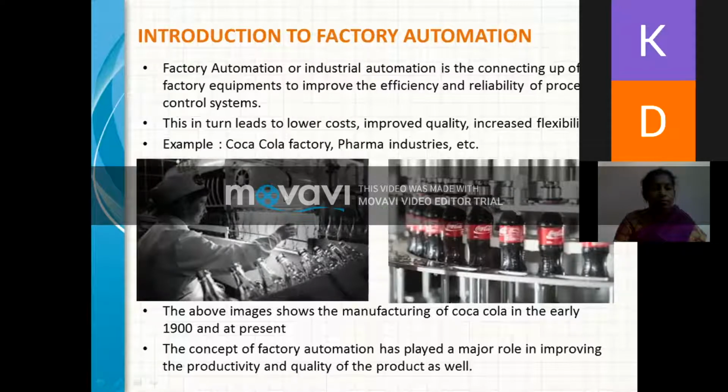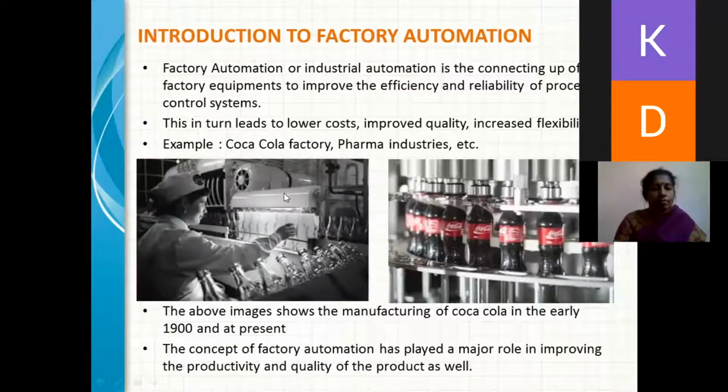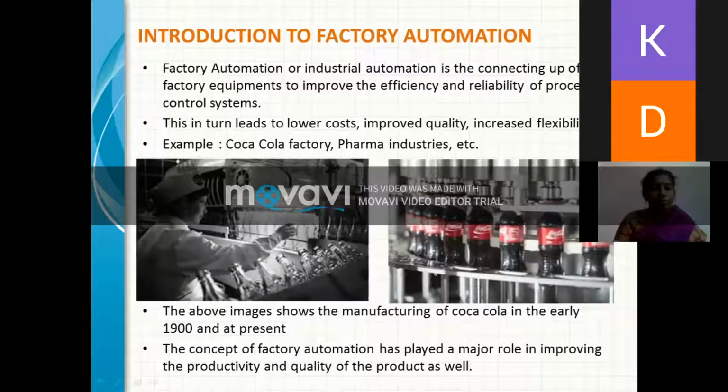In those days, in the early 1900s, what they used to do is fill each and every Coca-Cola bottle individually. They'll aerate the bottle, they'll place the cap, and everything will be done individually by an operator. So that is also automation, but it was done manually. But nowadays, you can see the picture on the right hand side.